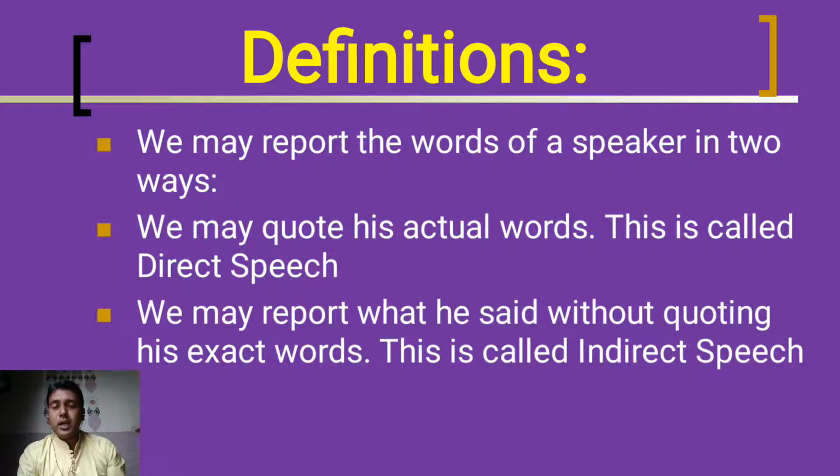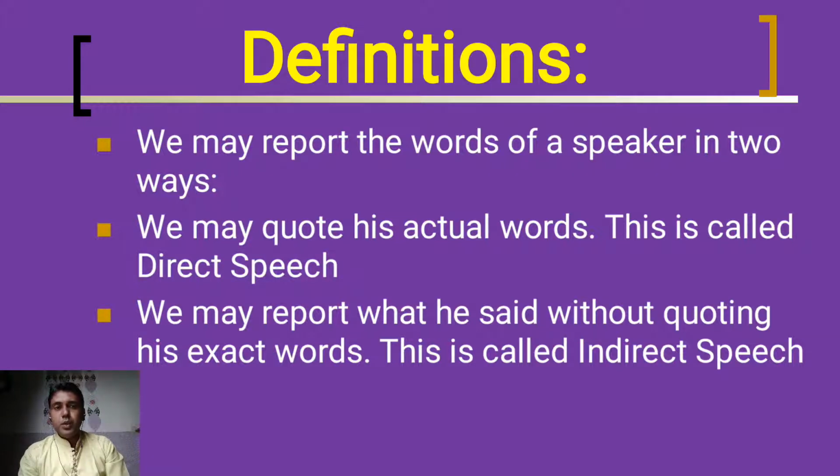Ravi said, I'm a doctor. So you have to change this particular sentence like this: Ravi said that he was a doctor. So you need to change the simple present tense into simple past tense, if you would like to change the narration, because that is the past thing. In the past, Ravi said that he was a doctor. So in this way, you have to change the narration.